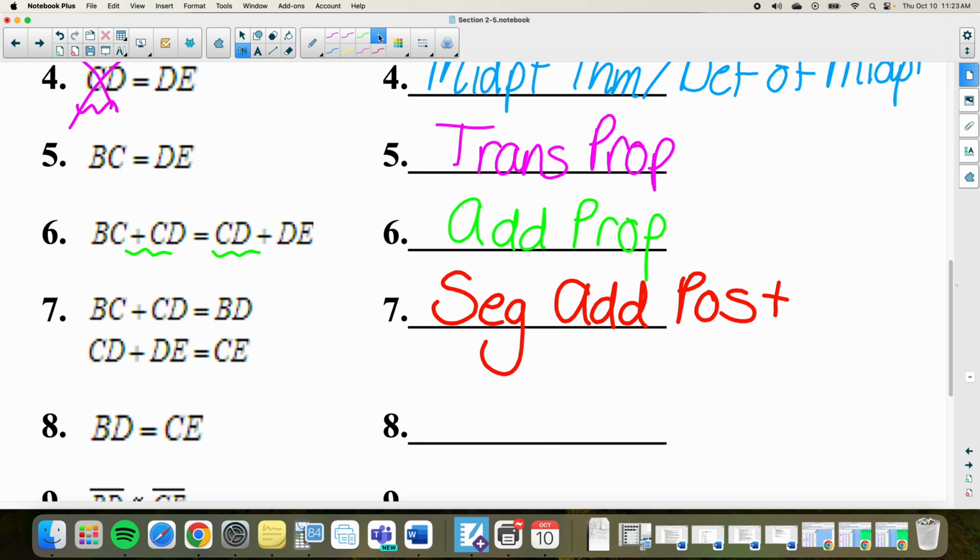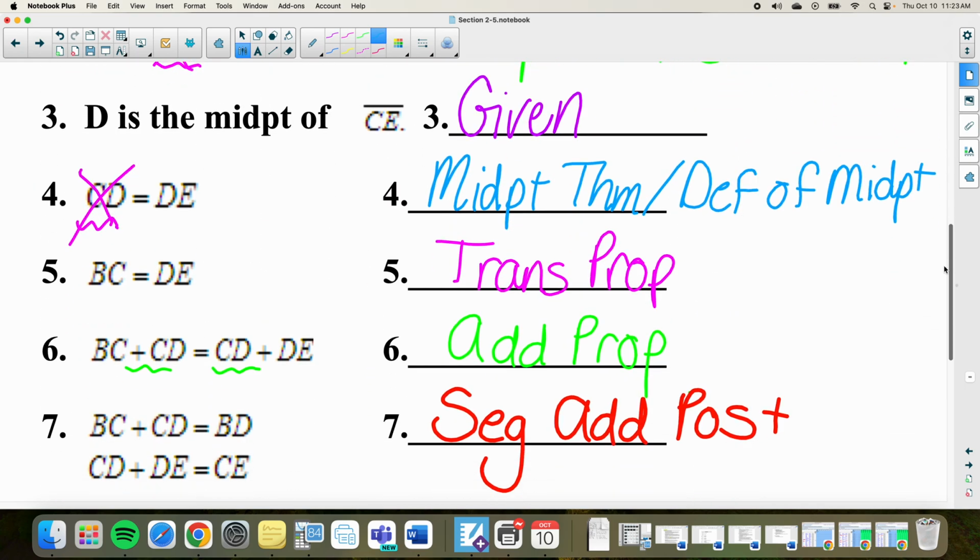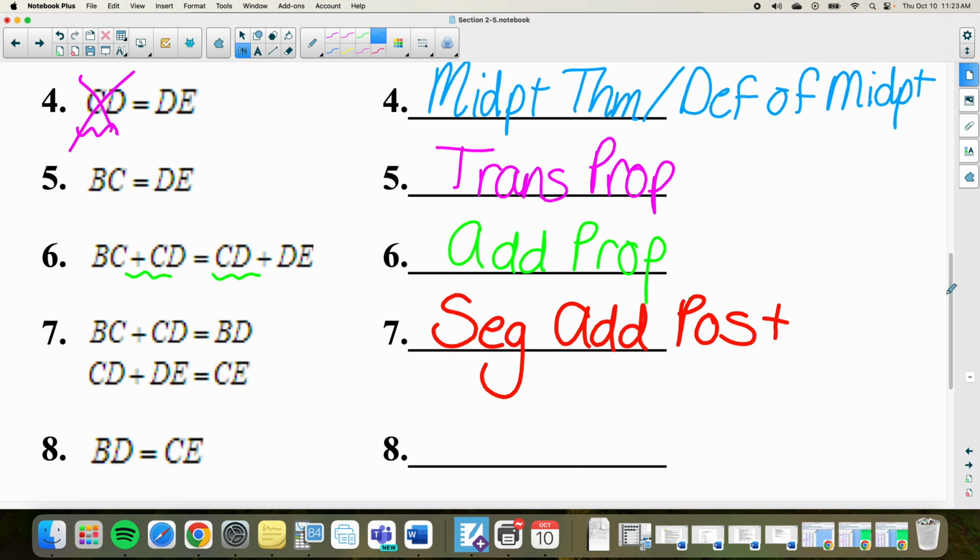Okay. Now is when this proof gets a little bit hard, okay? If you look back at this and you look at, like, how did they get from step 6 and step 7 to step 8? What do you think you should think of?